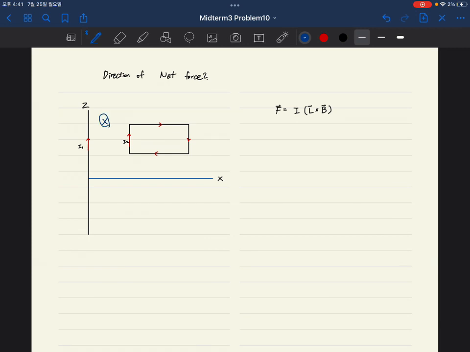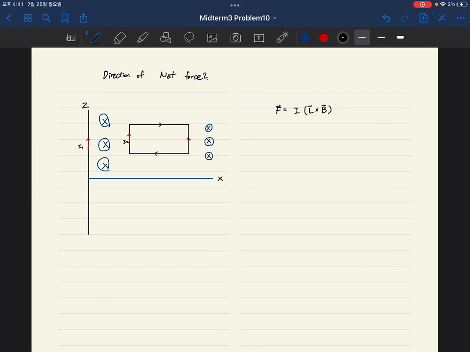Now we'll write it like this. Also, we know that the magnetic field is greater when it's closer to the wire. So when it gets further, the magnetic field will also reduce. So for example, here the magnetic field will be smaller than the magnetic field closer to the wire.